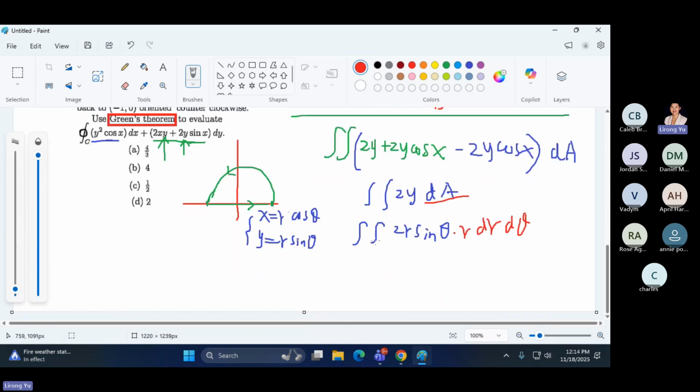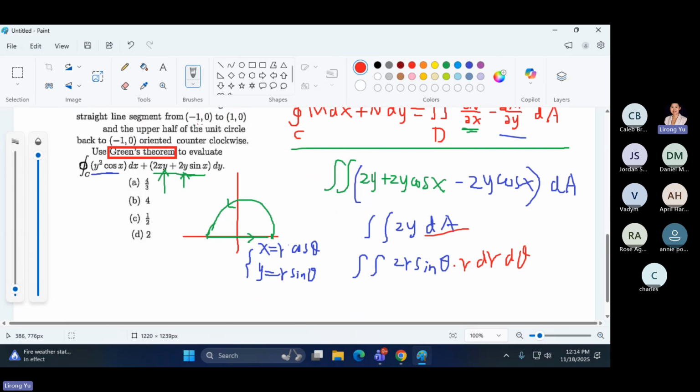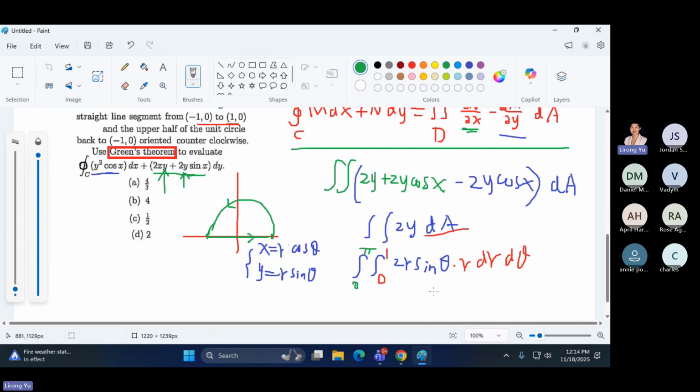Now let's look at the integration limits. It's a circle with radius 1, so r from 0 to 1. And it's a half circle, so theta is not 0 to 2 pi, it's 0 to pi.